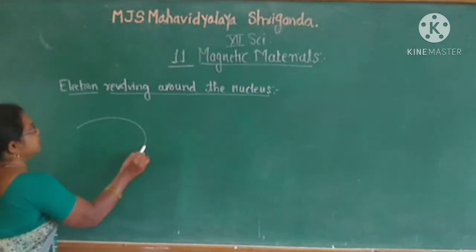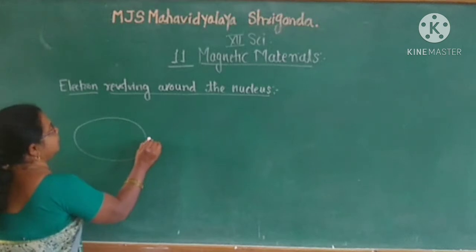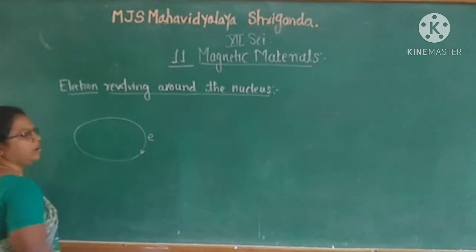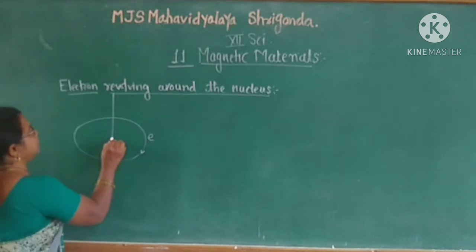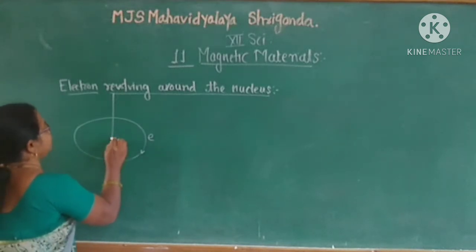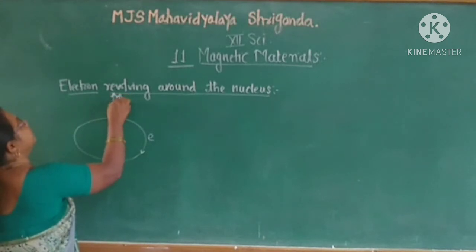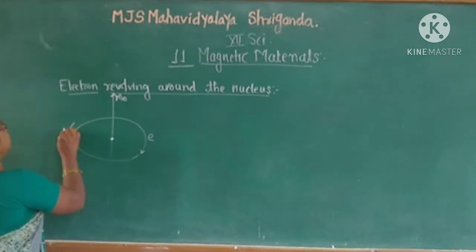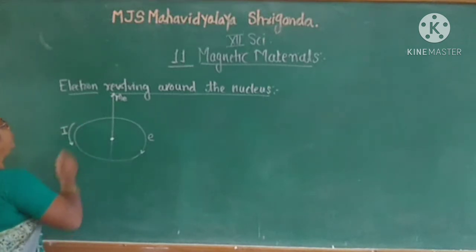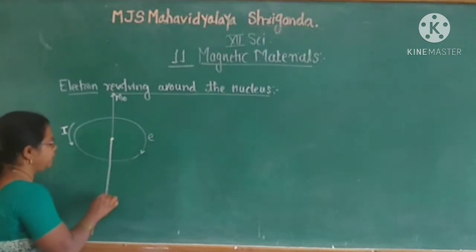Consider this is the electron which is revolving around the nucleus, and this is suppose nucleus. Then this is its magnetic moment, and this is its path of flowing current through it, that is I.